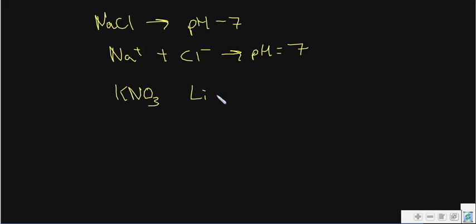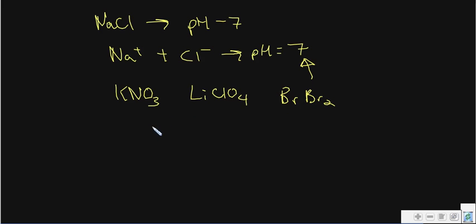Other ones, for example, lithium perchlorate. Lithium perchlorate is going to create a perfectly neutral environment when it dissolves. Barium bromide as well. All these are going to create neutral solutions when they're dissolved in water. They will not change the acidity or alkalinity at all.